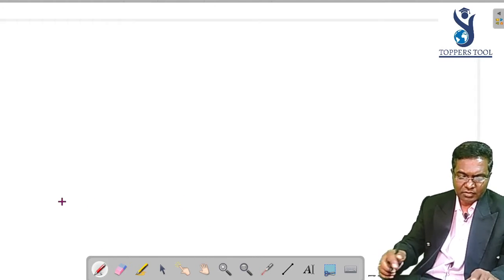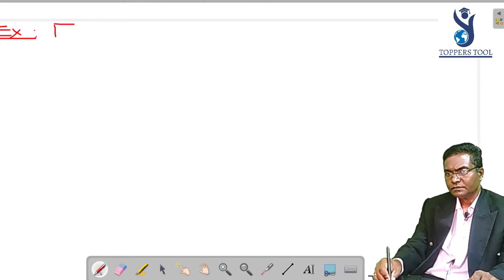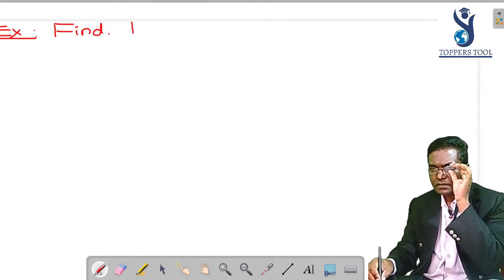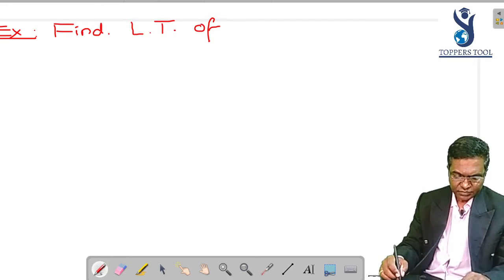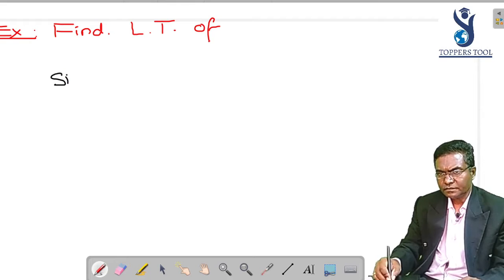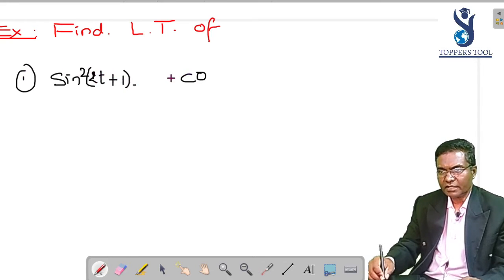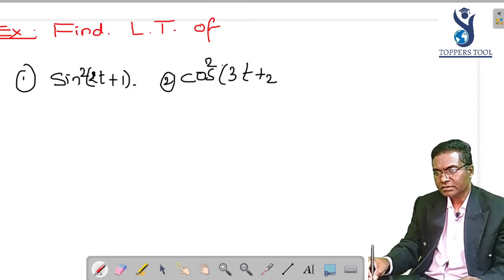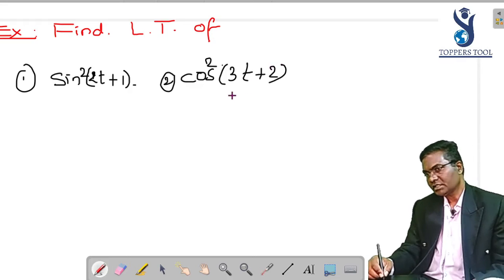Find Laplace transform of sine square (2t + 1) and even cos square (3t + 2).